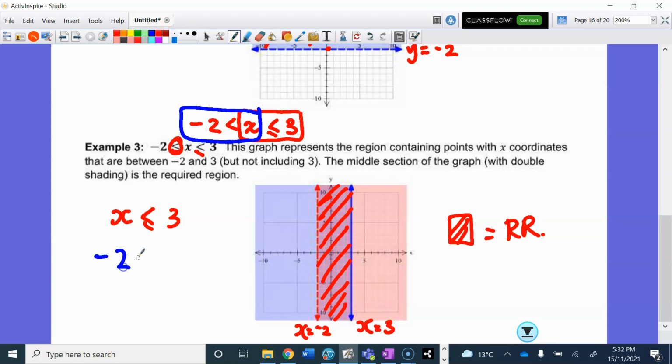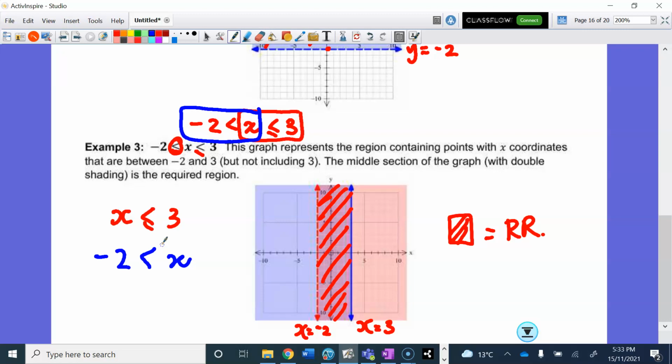is -2 is less than x. And your calculator, I don't think, will let you put it in that way. I'm not certain. I'm thinking it's going to make you write it the other way. And you can see when we normally write inequalities, we start with the variable. So if I was going to try and write this one, the mouth on the inequality sign is facing the x, meaning that x is the bigger one.